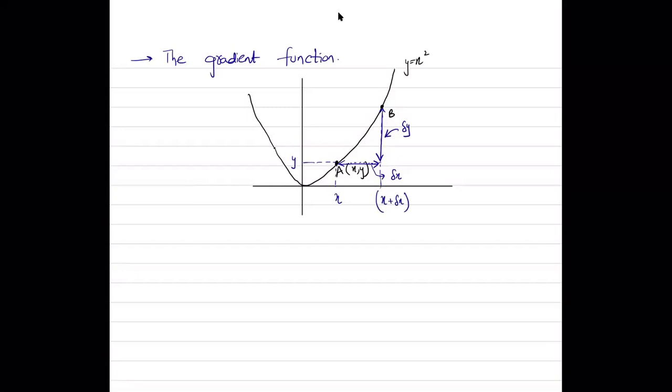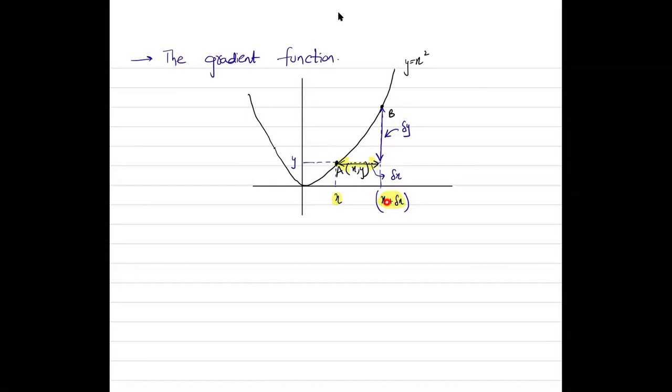Sir, can you explain that again? If A and B are very close to each other and the x coordinate of point A is x, and point B is ahead of point A by a very small distance, let's say delta x, then if I add delta x distance in x, will I get the x coordinate of B?